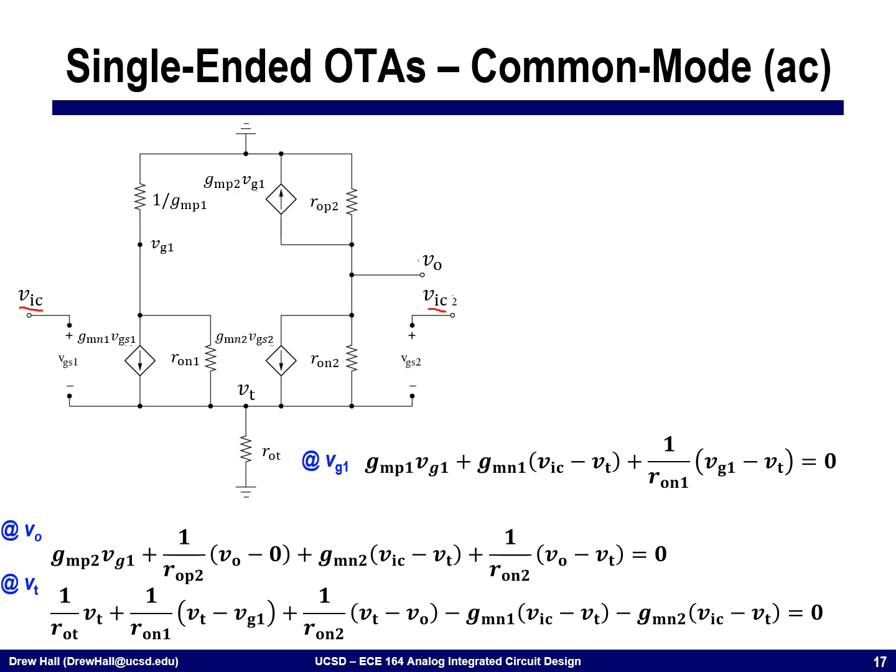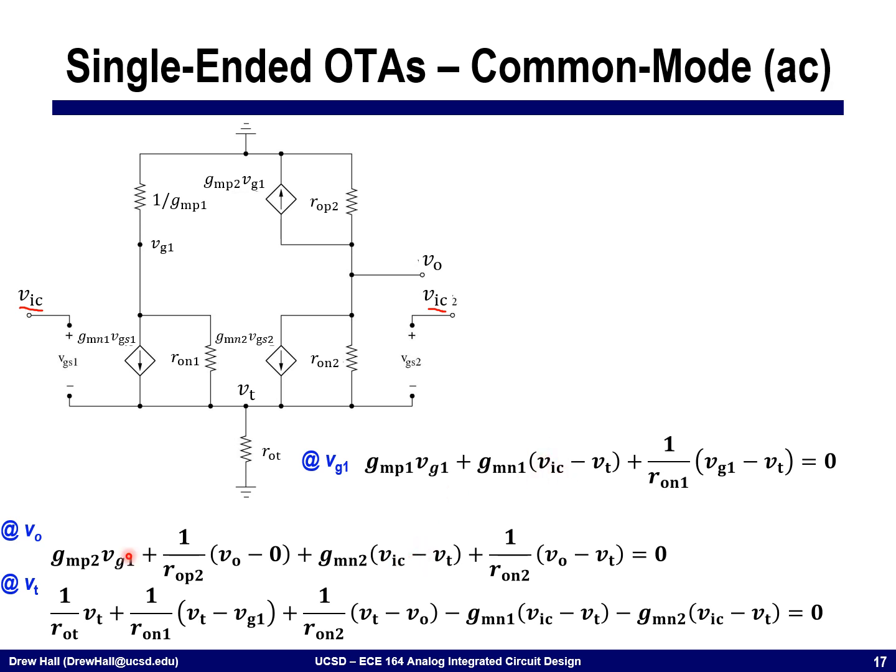So same KCL expressions. We're going to have current that flows through this GM here. We're going to have current that flows through GMN here, as well as current that flows through RON. The key difference and the only difference between the expression that I showed before is that instead of VD over 2, this is now VIC.